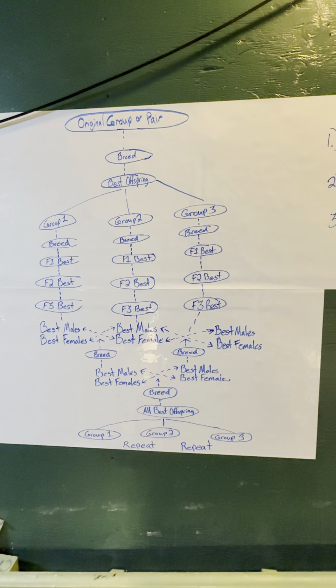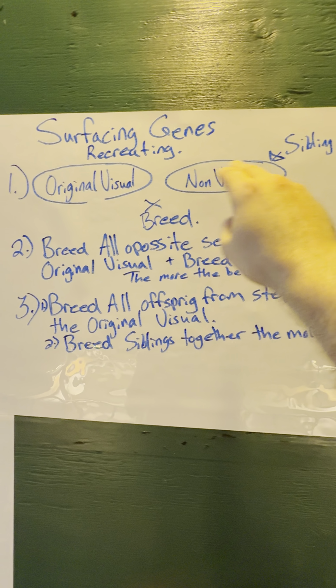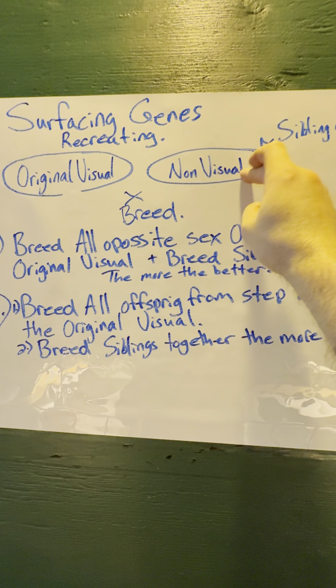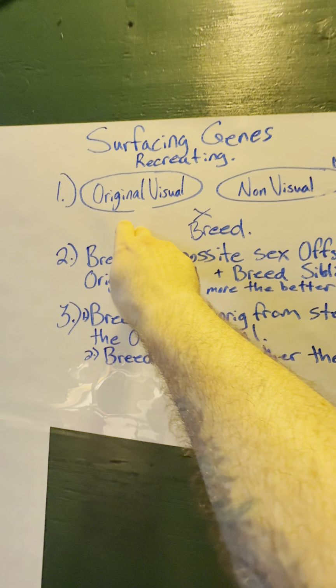But anyway, I said surfacing genes, but what I mean is if you already have one and you're like, wait a minute, is this recreatable? Is this a gene? That's why I put recreating there. And so if this pairing here happens, this very well could be possibly het for this trait.